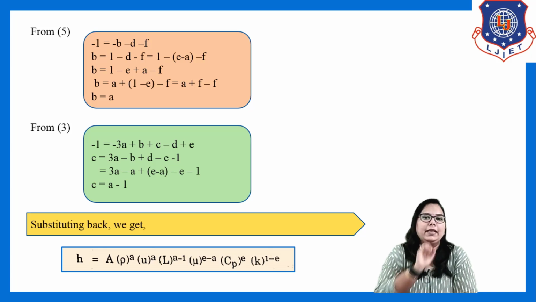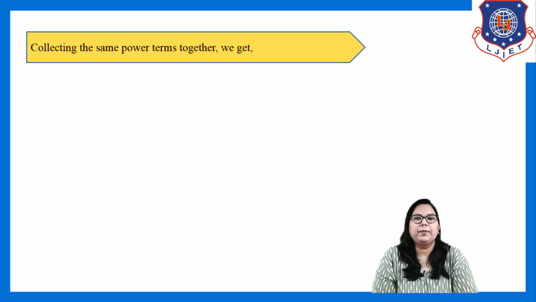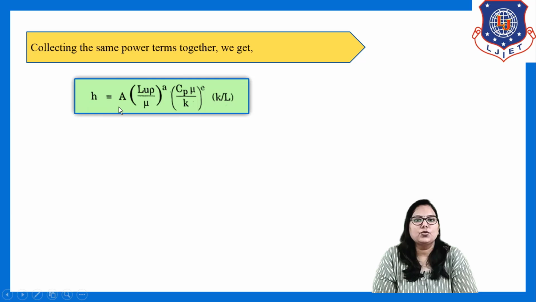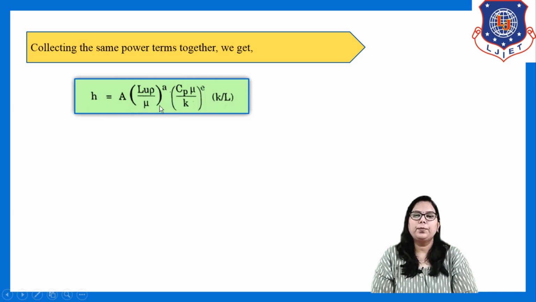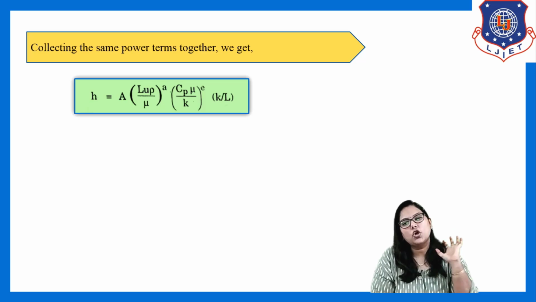Then collecting the same power terms together, we get h is equal to capital A into bracket L u rho upon mu raised to a, Cp mu by k raised to e, and k by L. So these L, u, rho upon mu have power a, and we are combining the variables having e power and the constant power.